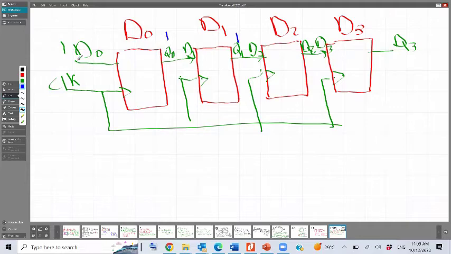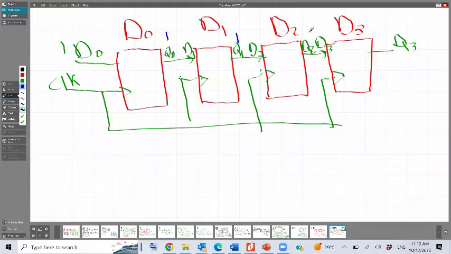If I have just 1 input to D0, clock 1, it is here. Clock 2, it will be 0 because the next one is 0. I have only 1 and a bunch of zeros, unless I have another one. Now I moved to D1. I have the 1 here, and Q0 is 0. One more step.